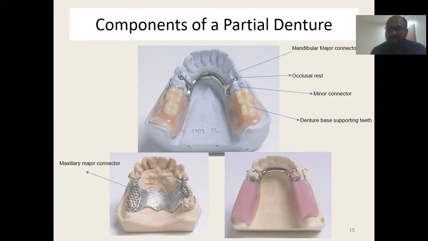We call it the major connector. And then you have a minor connector, which connects the peripheral components, such as the occlusal rests and the teeth that are restored, to the major connector. So we call it the minor connector. And then you have the denture base that supports the teeth.